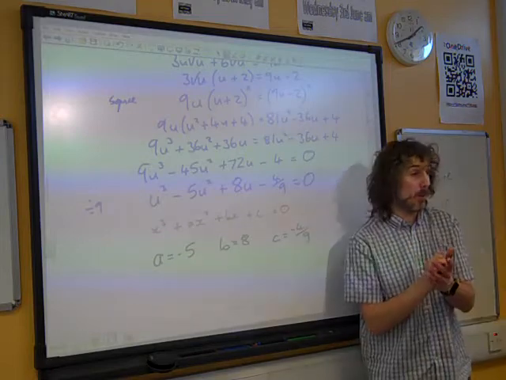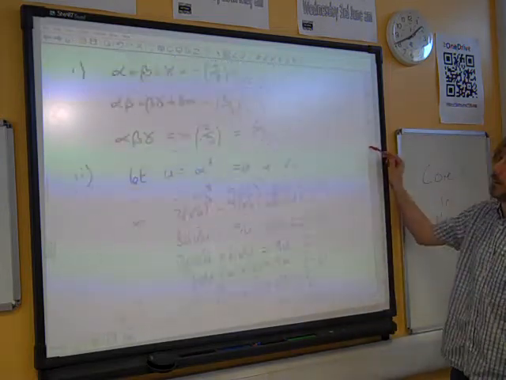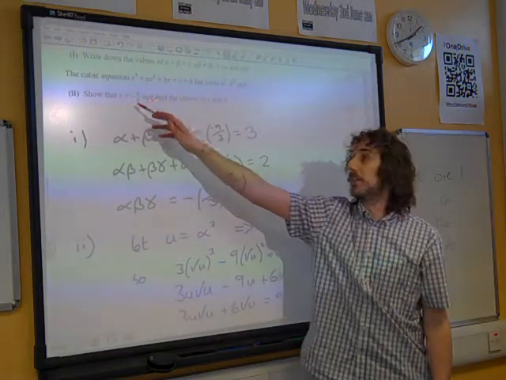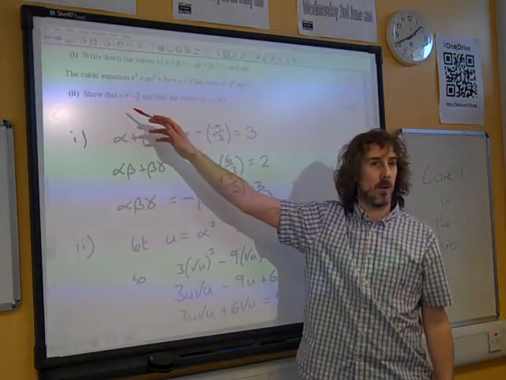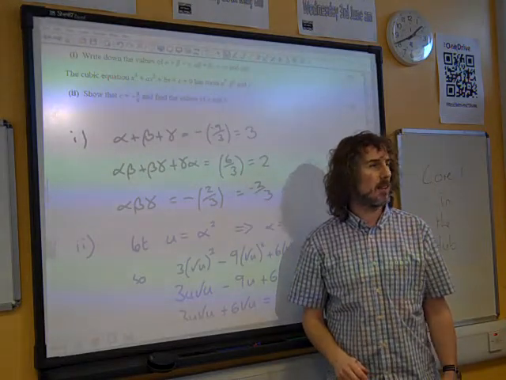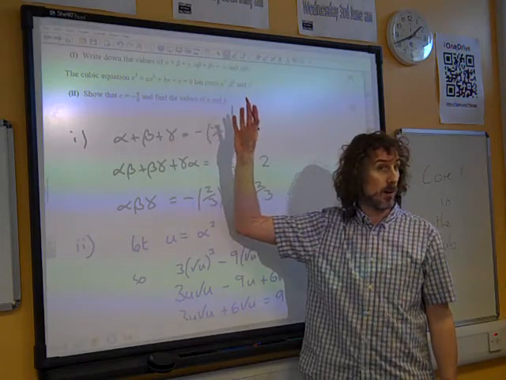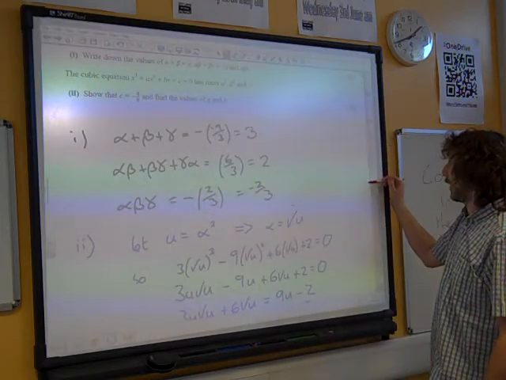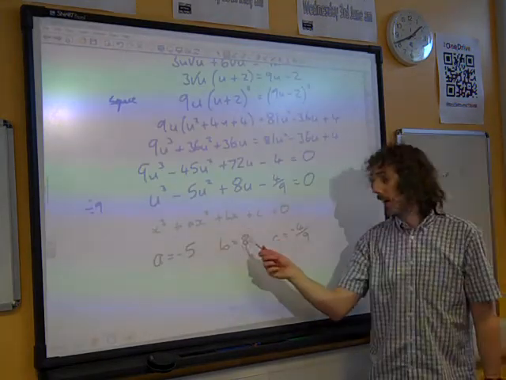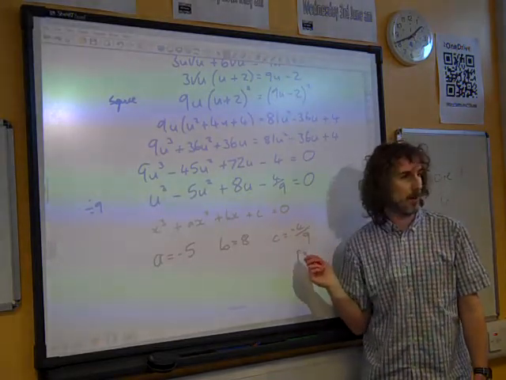We know that that's not what they intended when they wrote the question, because the question did say, show that c is minus 4/9 and find the values of a and b. And you normally expect to take those instructions in sequence, and actually we ended up finding the values of a and b, and then very, very quickly after that showing that c was minus 4/9.